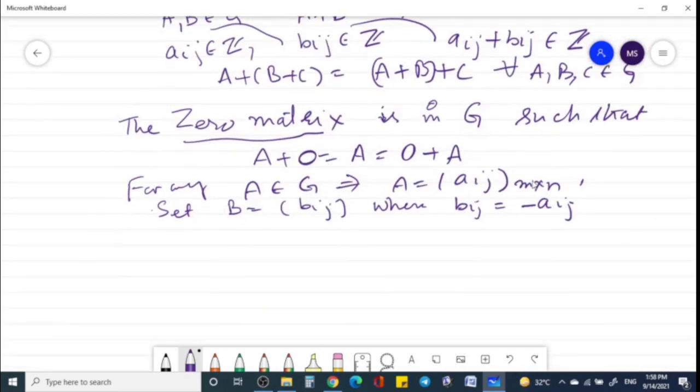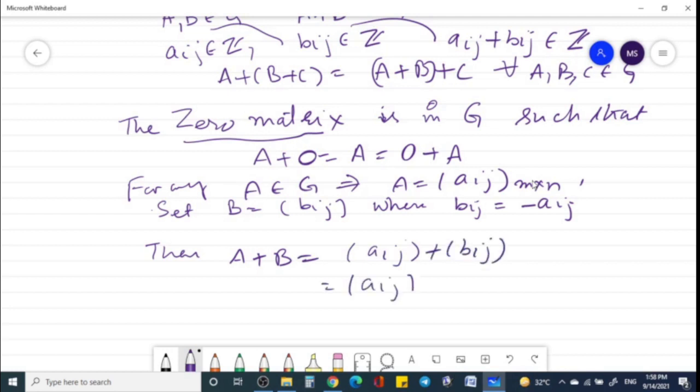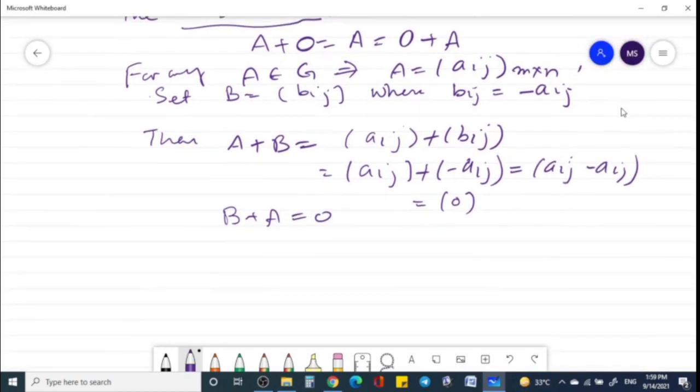Then one can see that A plus B is Aij plus Bij, which is Aij plus minus Aij, and finally you get that Aij minus Aij is 0. So all entries are 0. Similarly, B plus A is 0. So this proves the existence of the inverse of every matrix, the additive inverse.